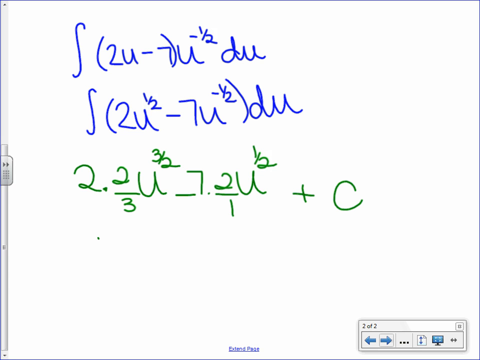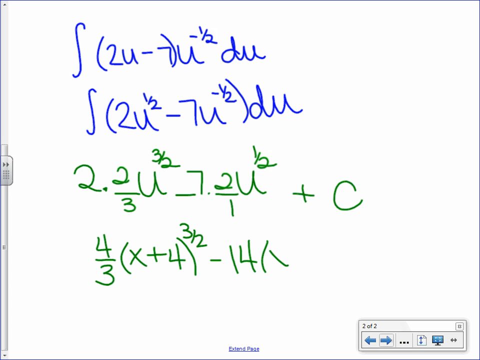So we have 4/3 times u to the 3/2. Well, u was x minus 4 or x plus 4? x plus 4. Minus 14 times u to the 1/2. Plus c.